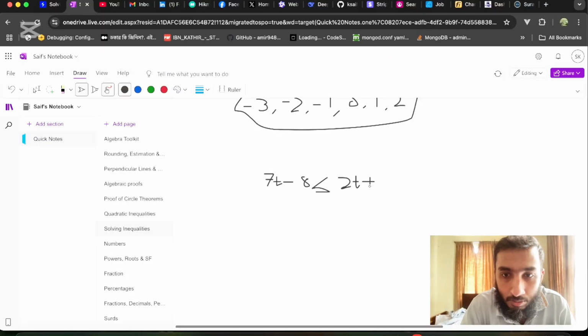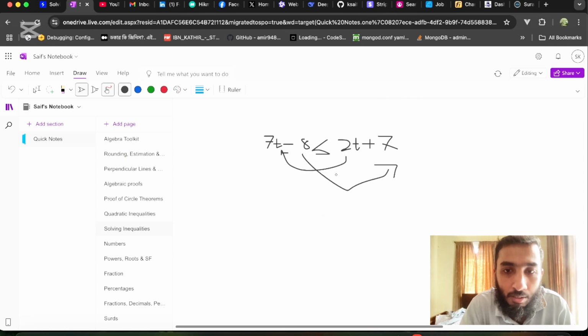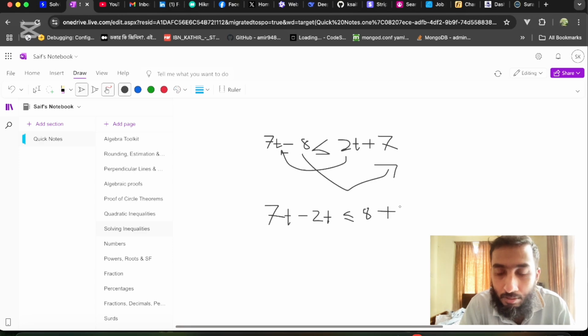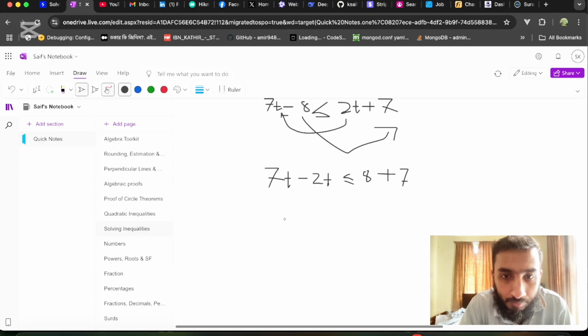So what I can do is take the t here and take 8 here to simplify the inequality. If I take it here, 7t minus 2t is less than or equal to 8, because the minus, if it comes here, will be plus 8, plus 7, or 5t is less than or equal to 15.